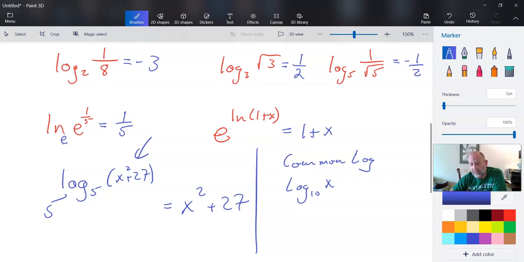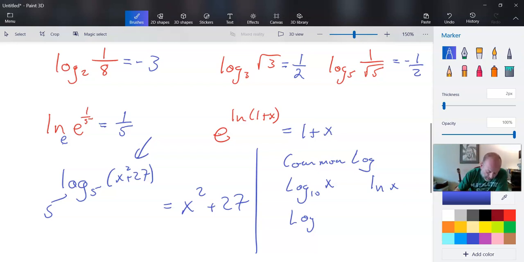So you'll notice it probably on your calculator, there's a button that just says log. It'll either say log or log x, but it'll say log. And that's a log base 10. When it's not written, it's a base 10. The natural log is base e, and anything else, the base is written, right? So if it's not a base e or a base 10, you're going to see a base written in there.